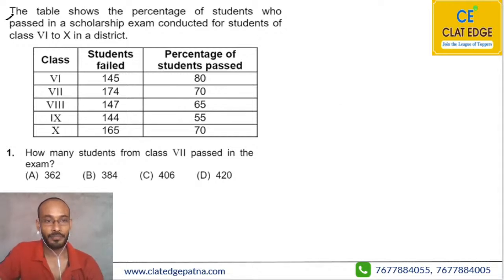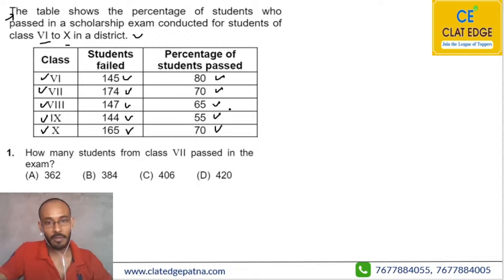Let's start. The question says that the table shows the percentage of students who passed in a scholarship exam conducted for students of classes 6 to 10 in a district. The classes are 6, 7, 8, 9, 10, and the number of students is given as 145, 174, 147, 144, 165. This is the percentage of students who passed.